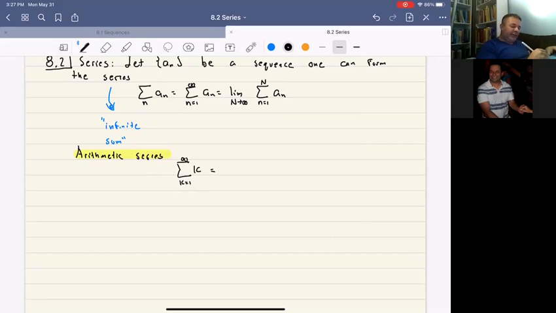So this is equal to the limit as n goes to infinity of the sum, k goes from 1 to n, of k. Now, you may or may not remember, we have a way to find the sum. We know that there's a closed formula for that.